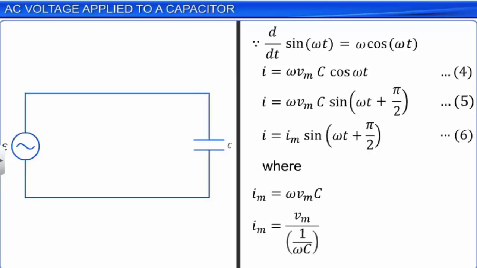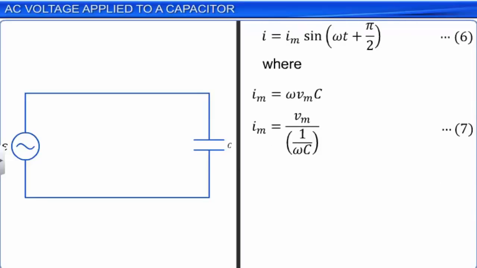Here, 1/ωC is analogous to resistance and is called capacitive reactance. Capacitive reactance is denoted by Xc. Hence, this term, capacitive reactance, is denoted by the inverse of the product of angular frequency, ω, and capacitance, C. Let this be equation 8.